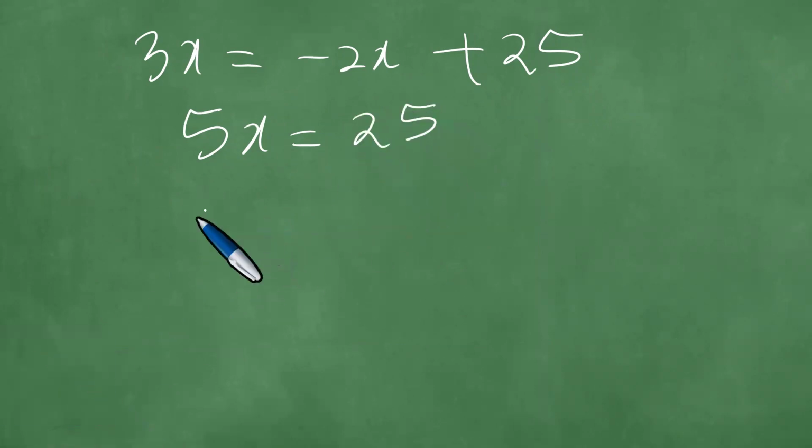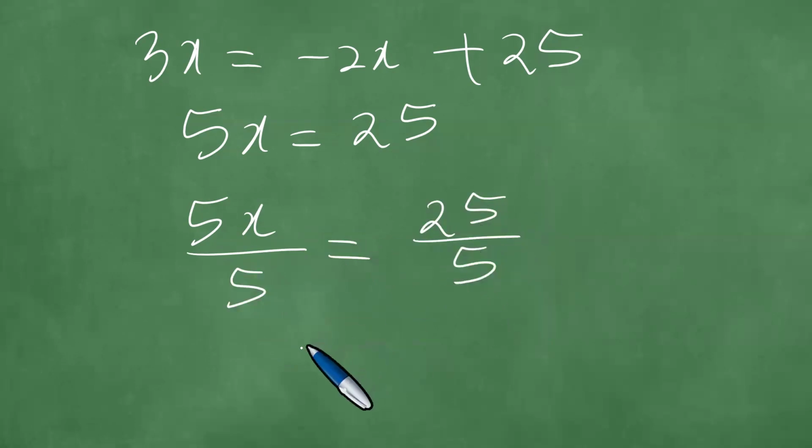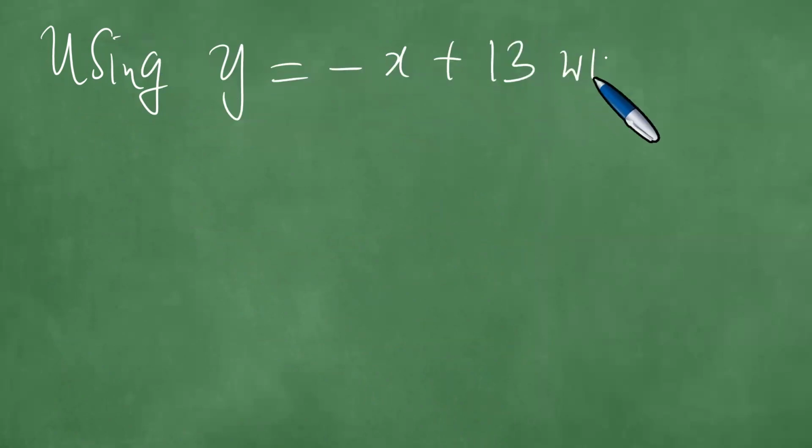Right, and upon careful examination, we divide the left by 5. We divide the right also by 5, getting x equals 5. Okay, so we have x equals 5. Okay, now, moreover, we have that now using y equals minus x plus 13 together with x equals 5.